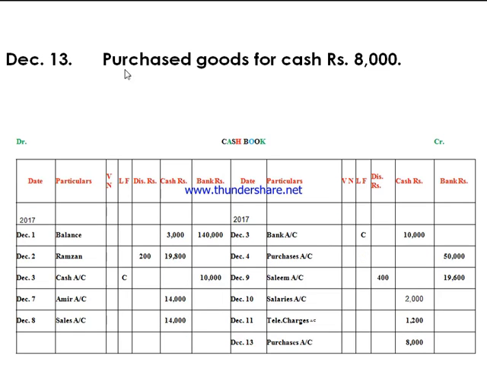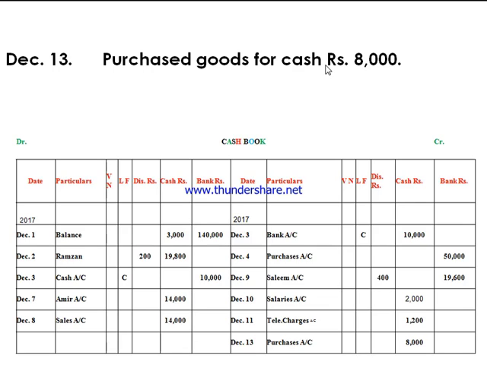Next transaction is purchase goods for cash, rupees 8,000. So on December 13, we have purchased goods and again we made the payment. Whenever we purchase something, we have to make the payment. Therefore, we paid rupees 8,000 cash.